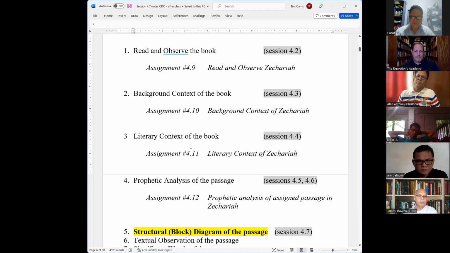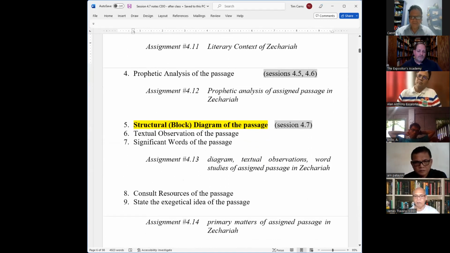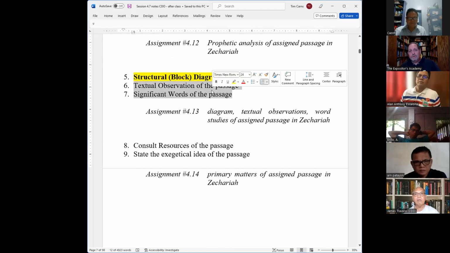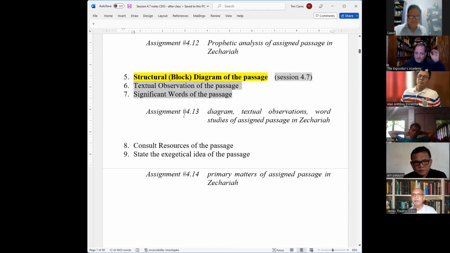Now today, we're looking at the diagram of the passage. That's session 7 today, and it's assignment 4.13, which includes the diagram, but also the textual observations and the word studies. These are nothing new compared to what we've done for epistles, narratives, and poetry. They're essentially the same steps.